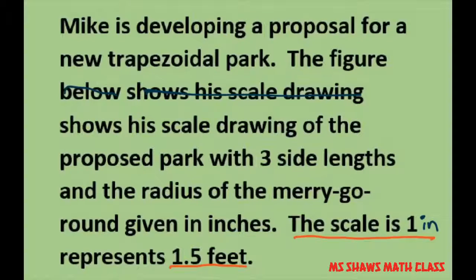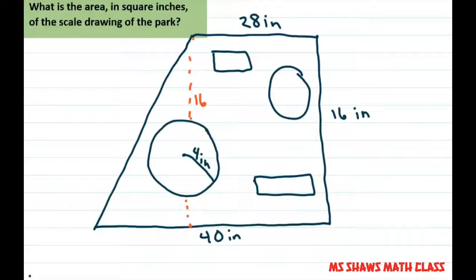It's not that great, but we have to answer 3 questions, and they want the area in square inches of the scale. So I drew this line here, and here are various things that would be in the park, like a sandbox and a slide and a climber.